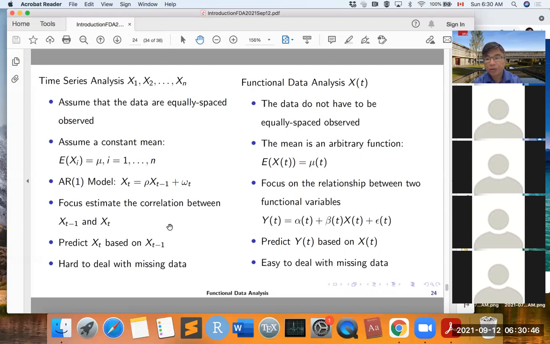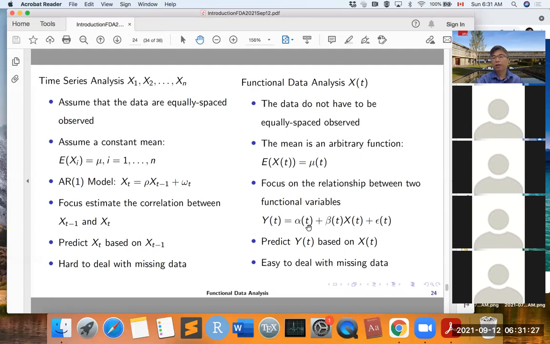In time series, they mainly focus on estimating the correlation between the data observed at neighboring times, like the correlation between xt and xt minus 1. They want to predict xt based on the history xt minus 1. So these are the main focus for time series. But in functional data, we will look at how one function yt is related to other functions xt.